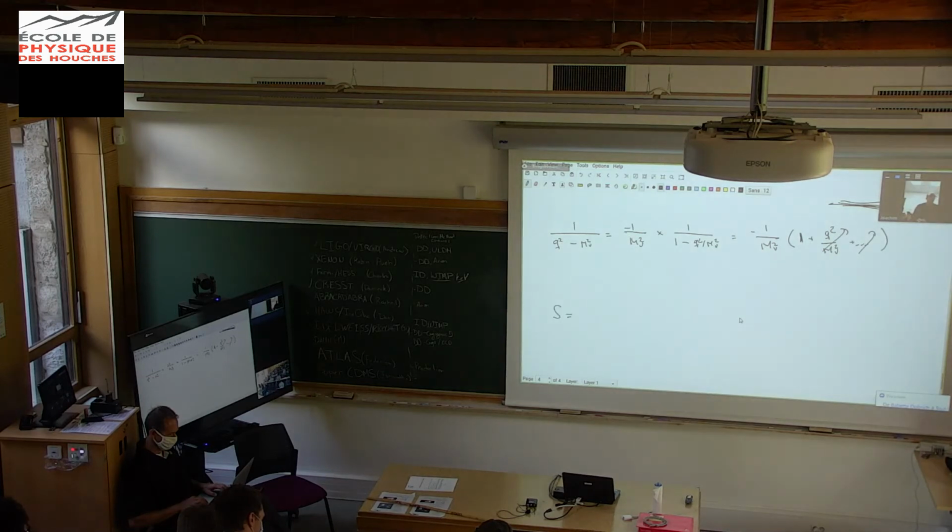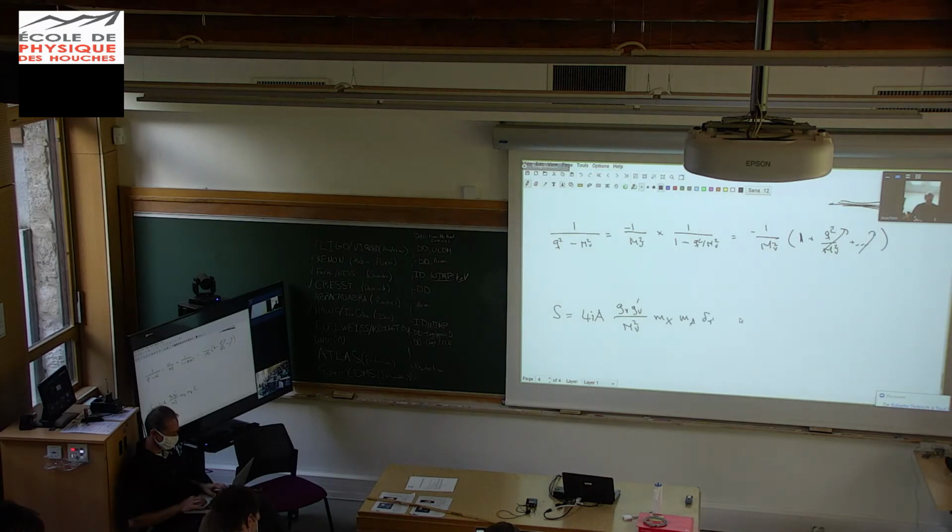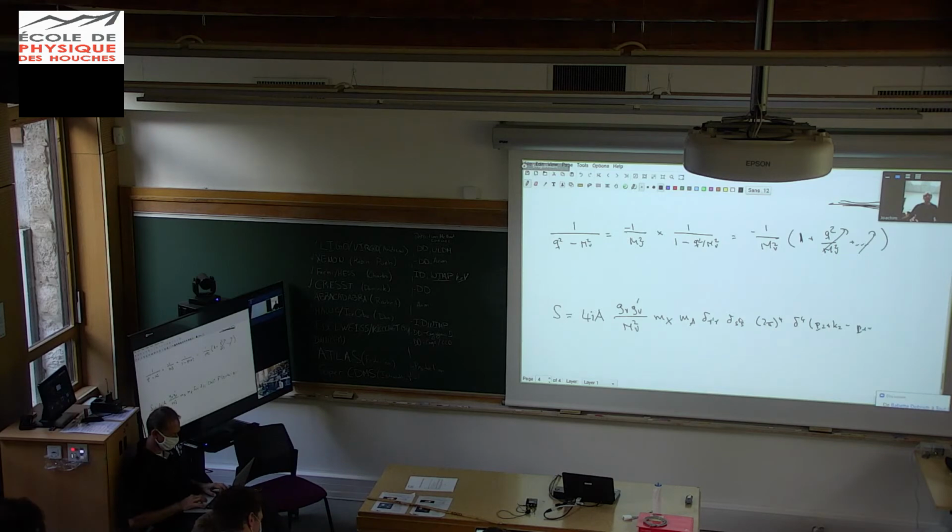So now we have the S matrix element equals 4i times A, G_V prime over m_V squared, m_chi, m_nucleus, delta_R'R, delta_S'S, and then this (2 pi)^4 delta function for momentum. And by definition, remember, we factored out this factor of (2 pi)^4 i and the delta function.